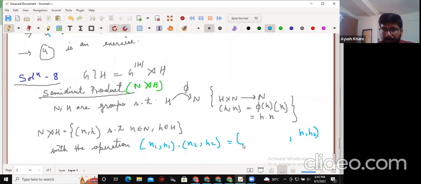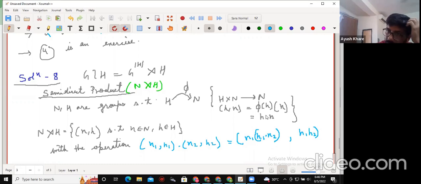So I will write n1, h1, n2 in this order. Now this h1 is not inside n, right? But if you write it like that, then it will be inside n. What I did, I just act h1 over n2. So it's n1 times the image of h1 dot n2.